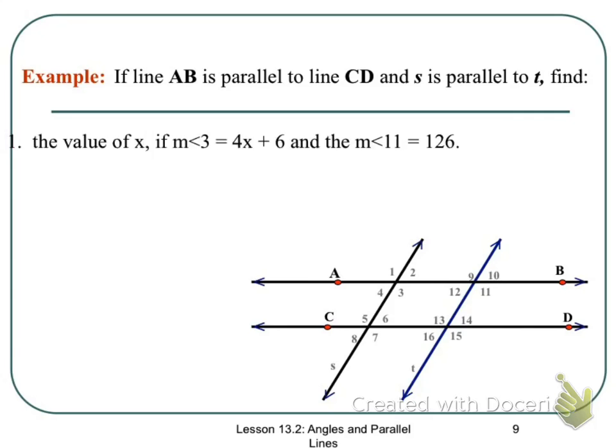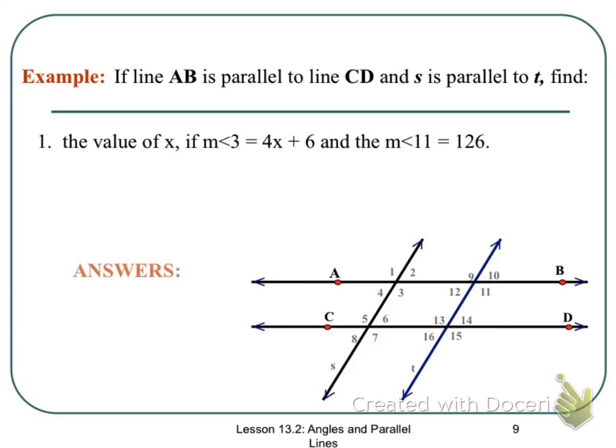In the next example, if line AB is parallel to line CD and S is parallel to T, let's find the value of x if the measure of angle 3 is 4x plus 6. So now we have something a little different. We have this angle being 4x plus 6, and the measure of angle 11 is 126. And all we need is the value of x. How are we going to find x in this case? What's true about angle 3 and angle 11?